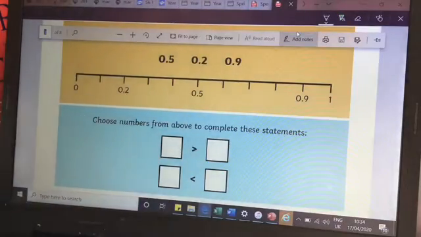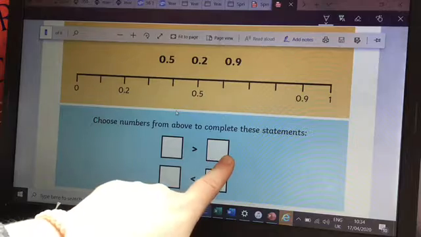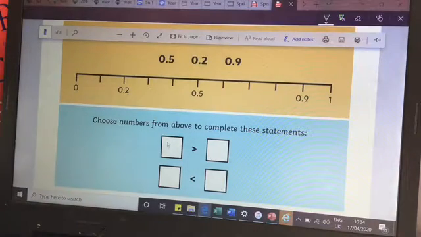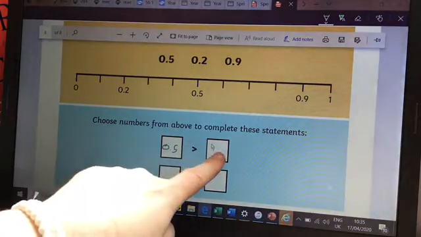So let's look at the first one together. I need a number to go in this box which is bigger than the number in this box. So I'm going to start with 0.5. It's very hard to draw the numbers on here. 0.5 is bigger than which of these numbers?